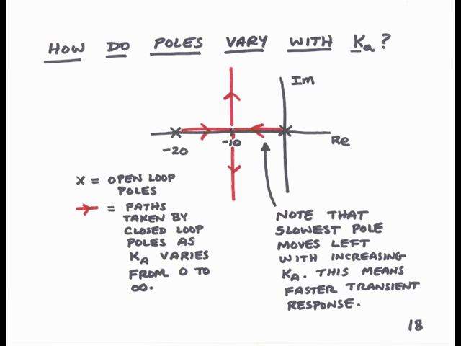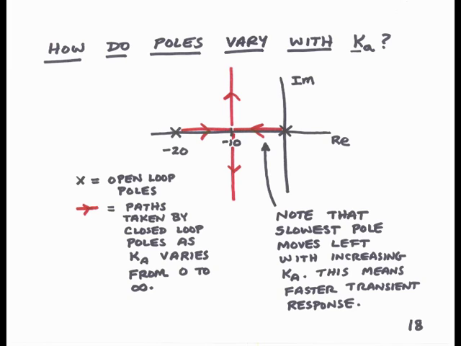For very low ka, when ka is close to 0, the closed-loop poles will be essentially the same as the open-loop poles, that is, the poles of the transfer function of the plant. This is because when ka is very small, it's like the loop is not closed at all. It's like the system is open loop.